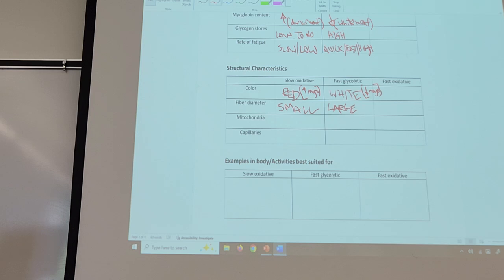It's going to be high. Versus fast glycolytic, relatively low, because fast glycolytic fibers use glucose. They don't use oxygen to make ATP, so you don't need mitochondria.